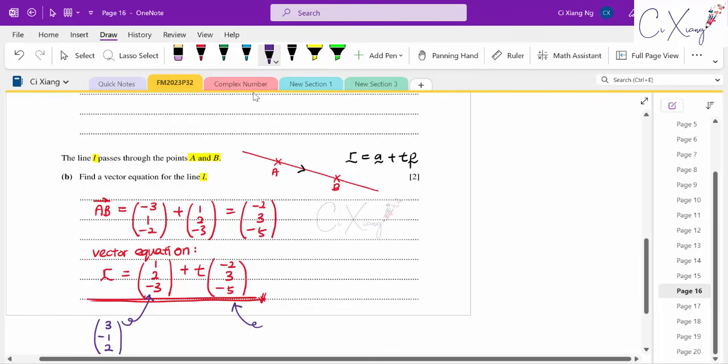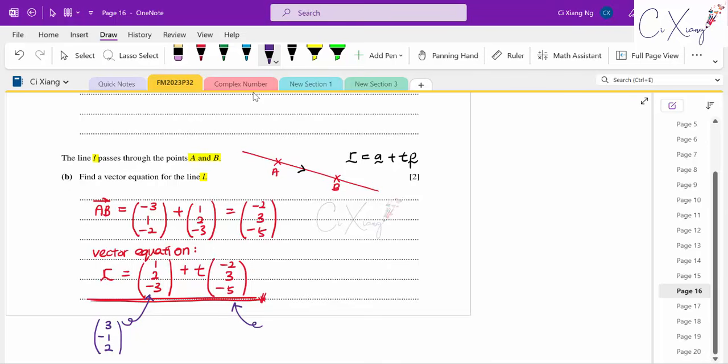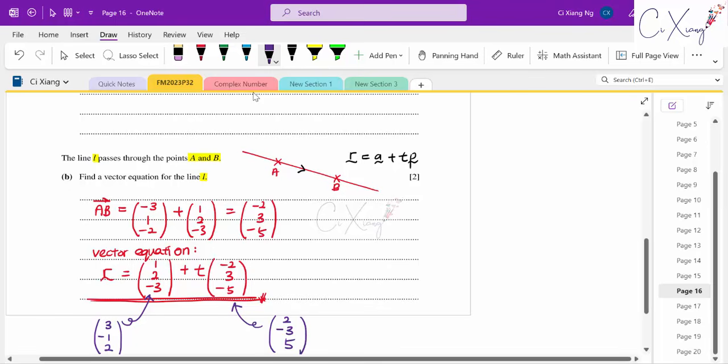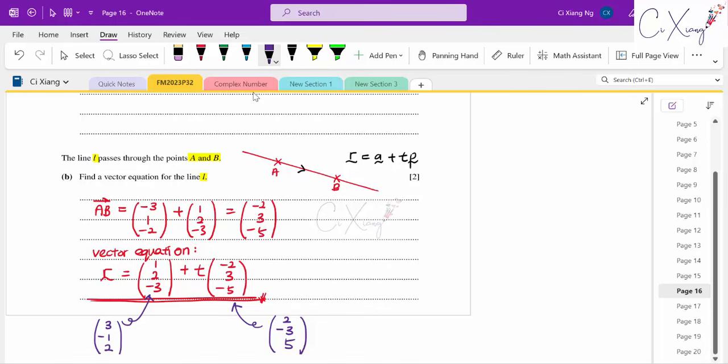And for the direction, if we use BA instead of AB, then your answer will look something like this: (2, -3, 5). So the vector equation is not unique. Therefore, if your answer is different from this one, it is still acceptable. This is the suggested answer: (3, -1, 2) and (2, -3, 5).